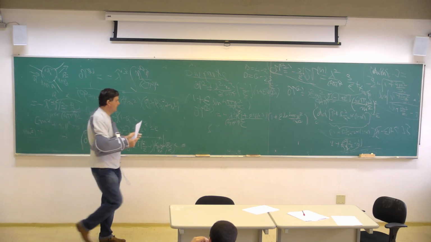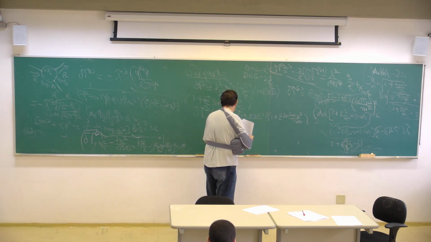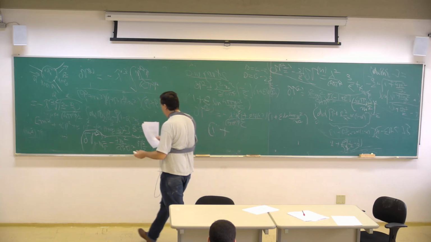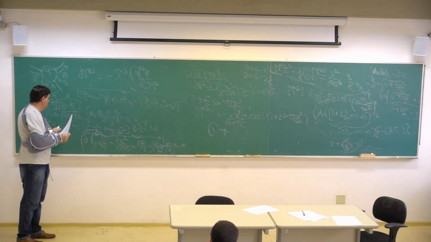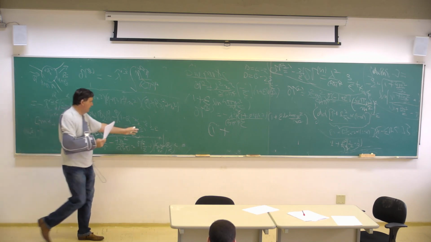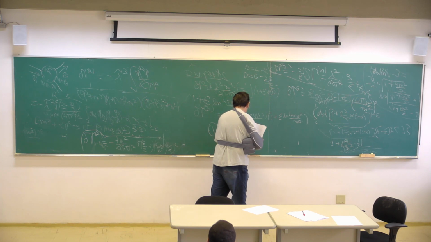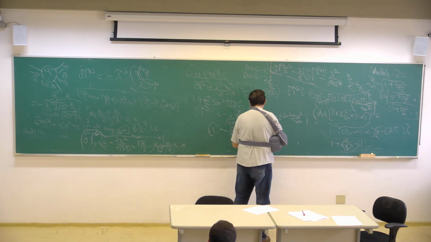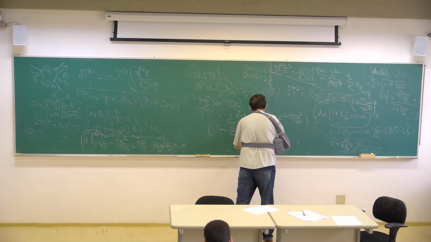So the first, the divergent term is just 1. But then in the expansion in epsilon, I will have now minus epsilon integral d alpha 1, d alpha 2.